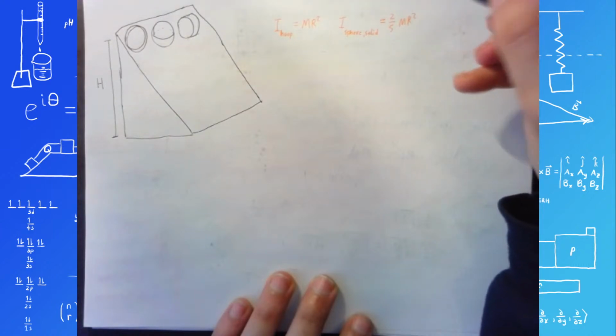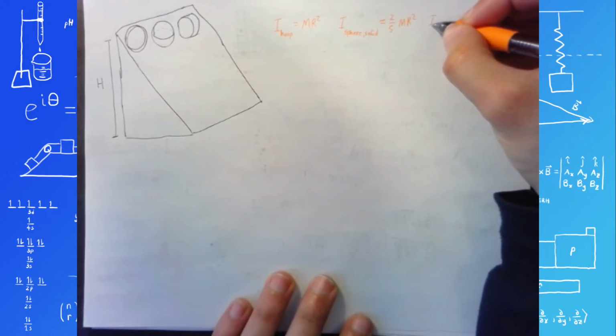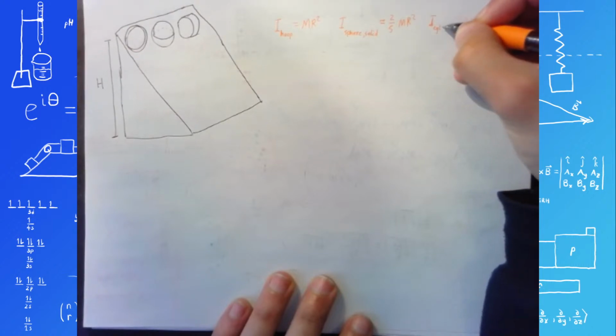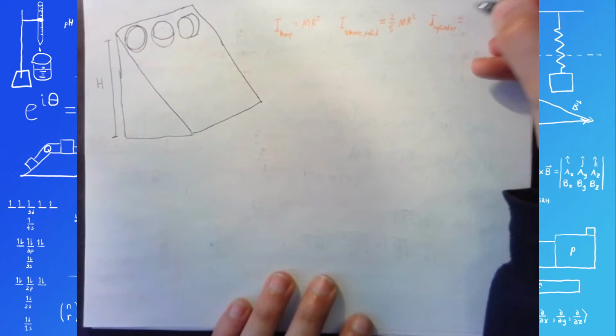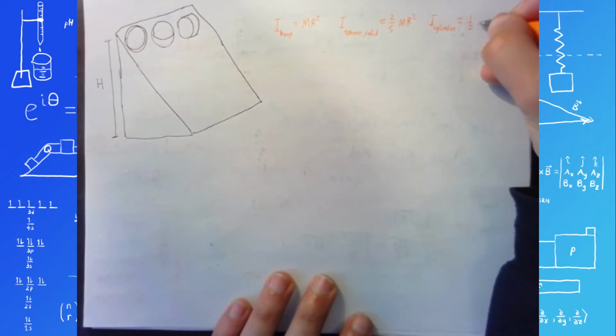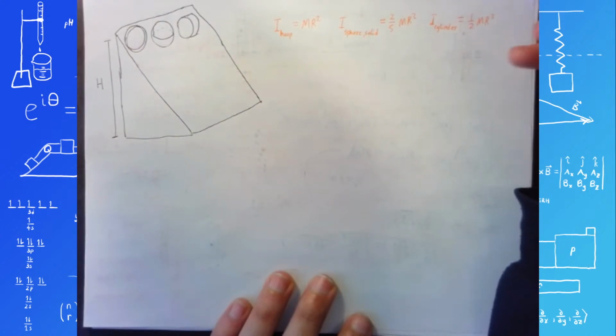radius squared, and then for a cylinder or disk, again through its central axis, is going to be 1/2 mr squared.